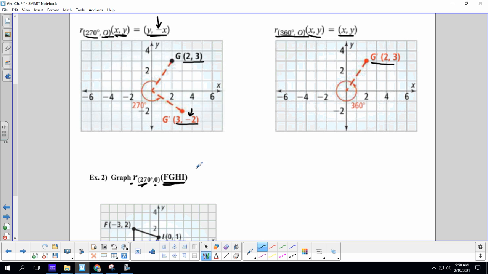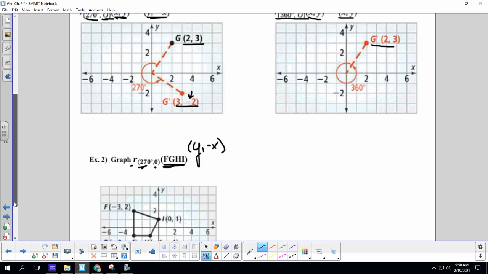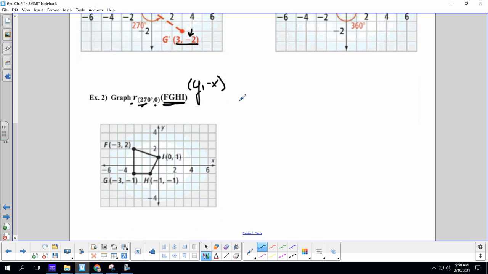So 270 means we switch the x and the y, and we change the sign of the second coordinate. So I'm going to do that. I'm going to write my new coordinates all down here, since the original ones are on my graph, so I want the new ones to be written down.